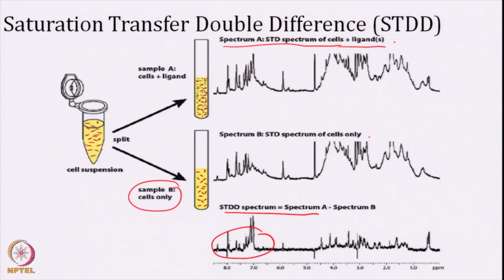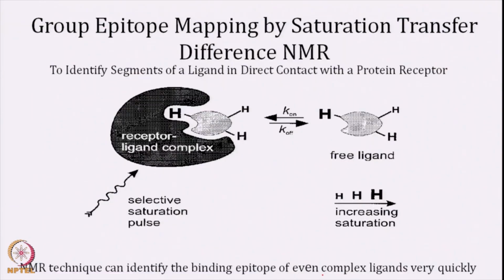If you are getting signal in the double difference spectrum, we identify that this suspension has a ligand which is actually binding to the receptor. Now, we can record the ligand spectrum and find the atoms that are involved in the interaction, and that is how you can find out the binding mode in STDD.